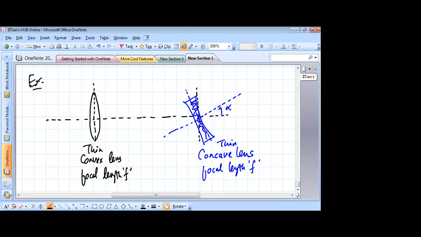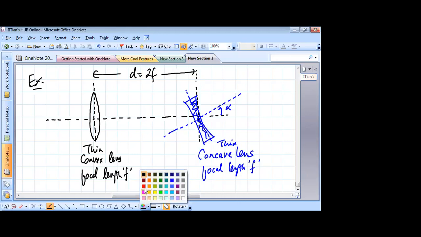And the pole to pole distance, that is this distance, is equal to twice the focal length magnitude. Okay, so this is the situation over here. Now we have paraxial light, parallel to the first lens's principal axis, incident over here.